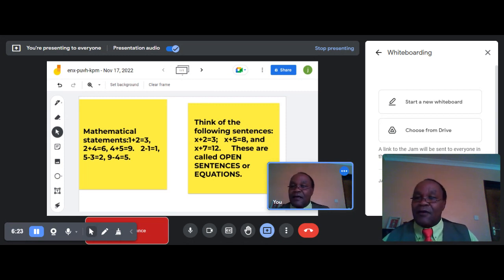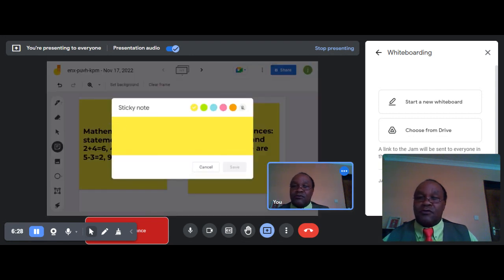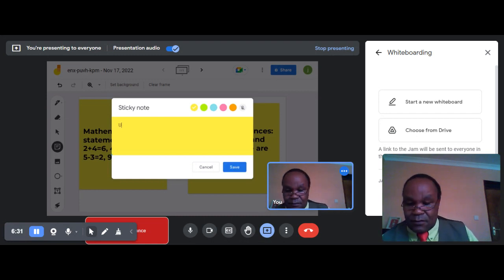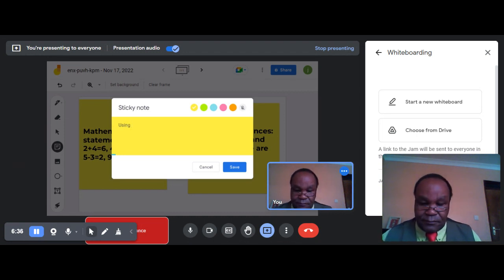I want you to do this exercise using the trial and error method.